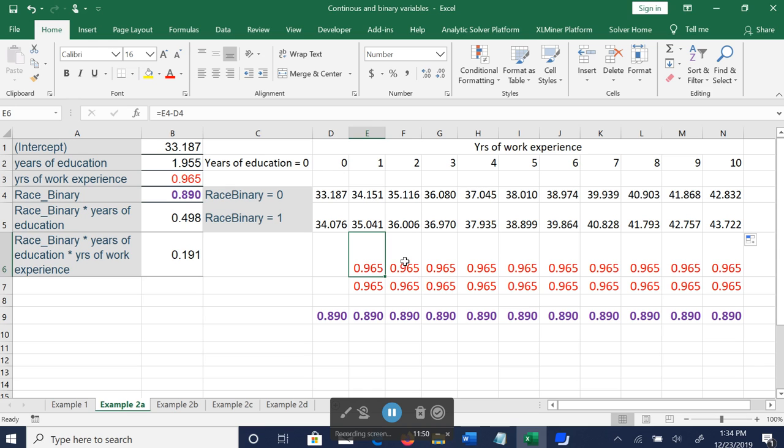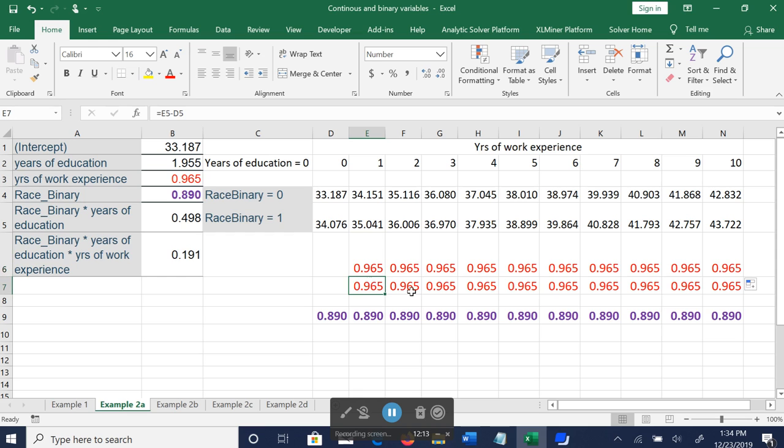And for those from racial category 0, if they work 2 years, even though they have no education, they haven't been to school, their income is also going to increase by $965, and we can just copy this formula over.